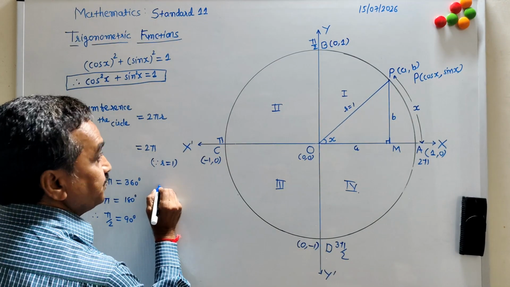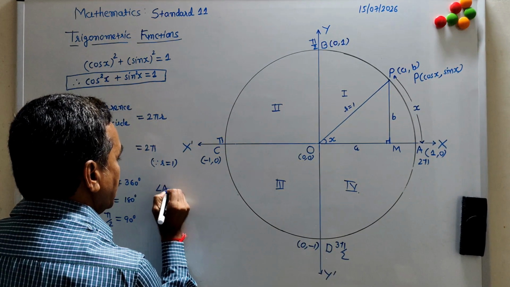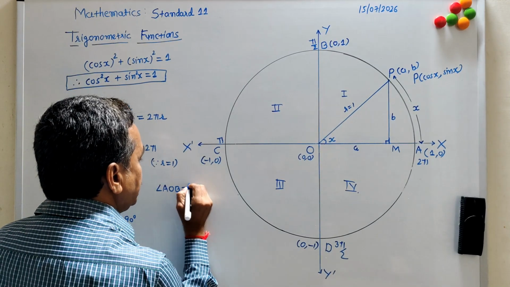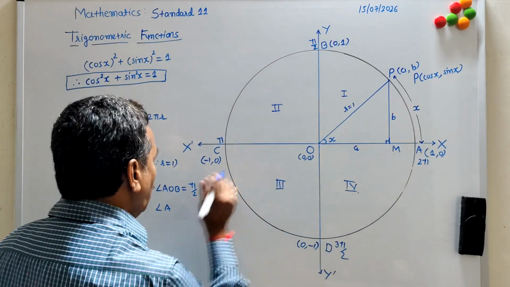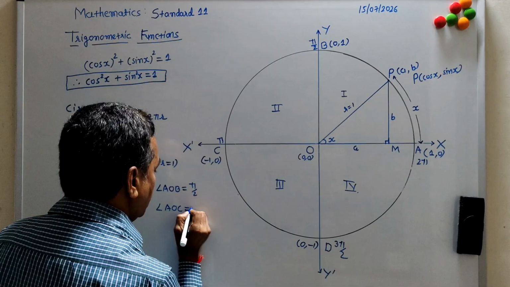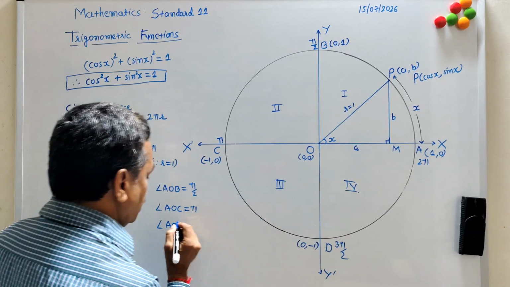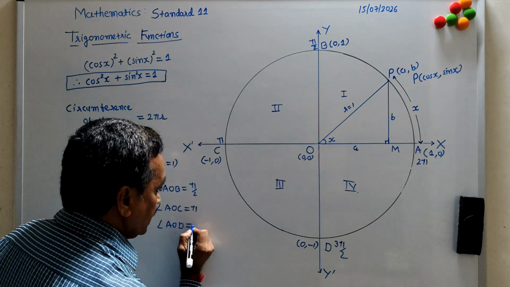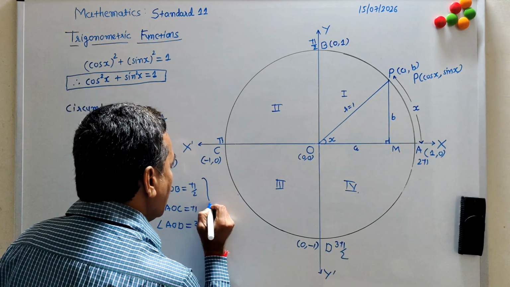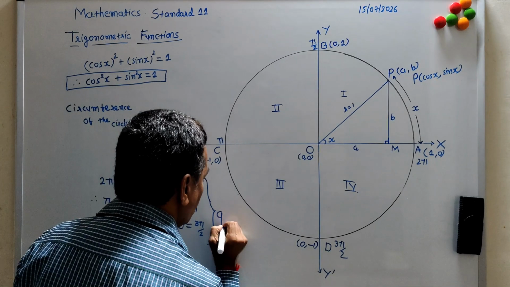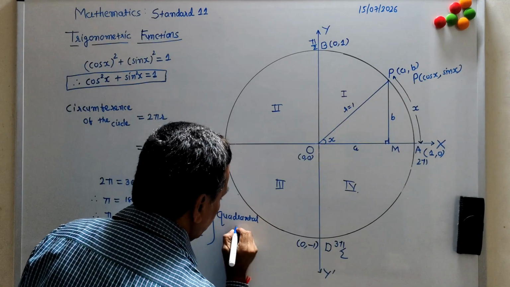So that means angle AOB is equal to pi by 2, angle AOC is equal to pi, angle AOD is equal to 3 pi by 2. These angles are called quadrantal angles.